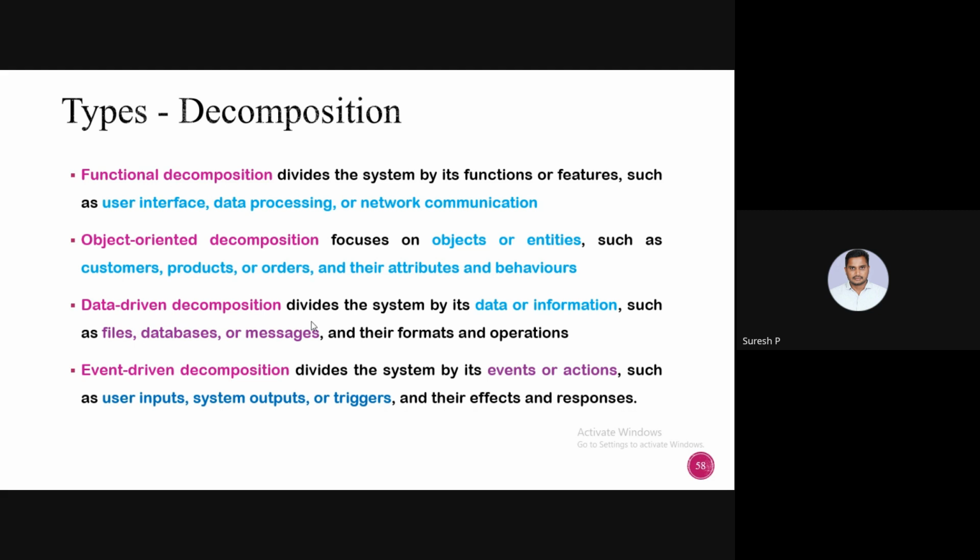If you click a folder, then the folder will open. So clicking on a folder, pressing the shutdown button, or pressing the power button are called what? Events or actions. Based on that action, the event has to be handled, and certain operations should be done by that system. That is called event-driven decomposition.